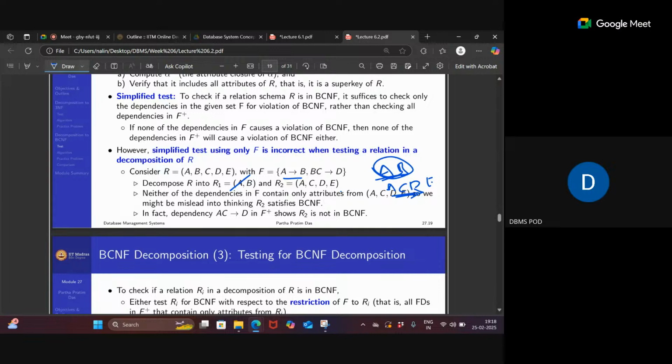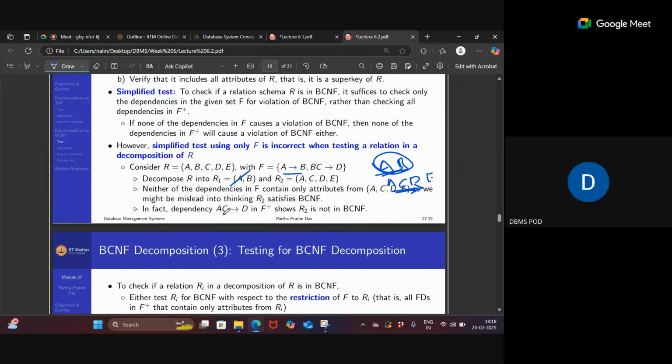We'll see that also. In fact, AC determines D is there in the FDs, which shows that R2 is not in BCNF. AC determines D is holding.